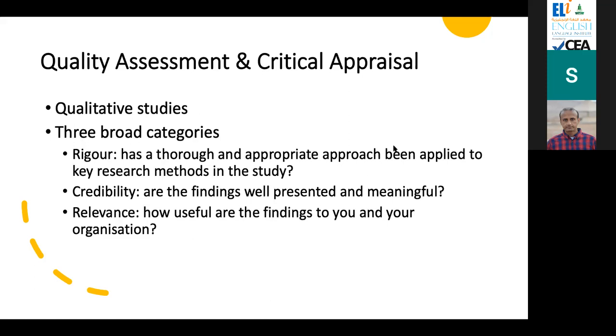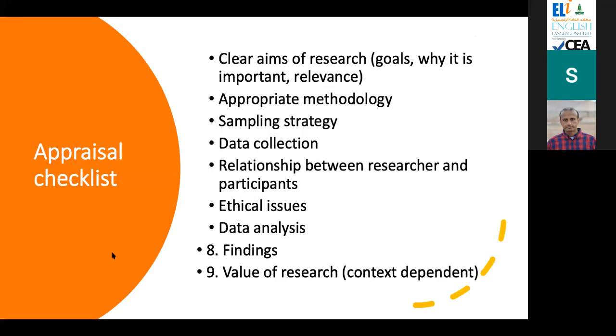Three broad categories, as we have just said: rigor, that is, how thorough and appropriate the approach has been; credibility; and relevance. So these are the common criteria that we generally see in research studies. Then there is a checklist for appraising or assessing the quality of the studies that we are considering.